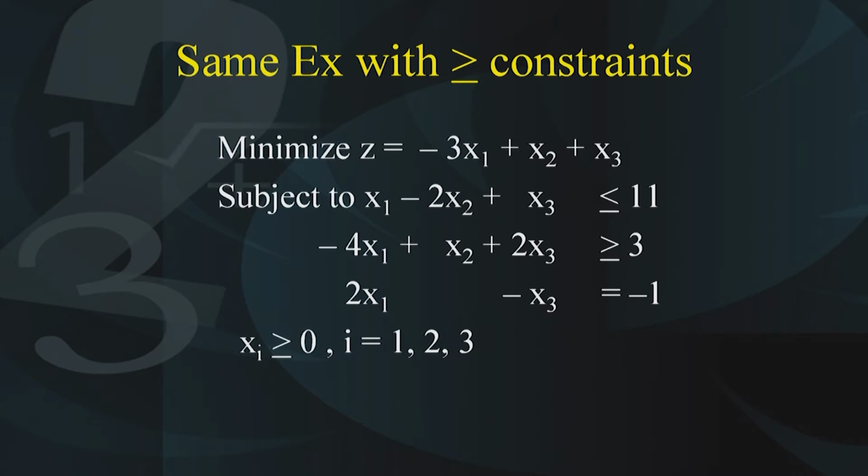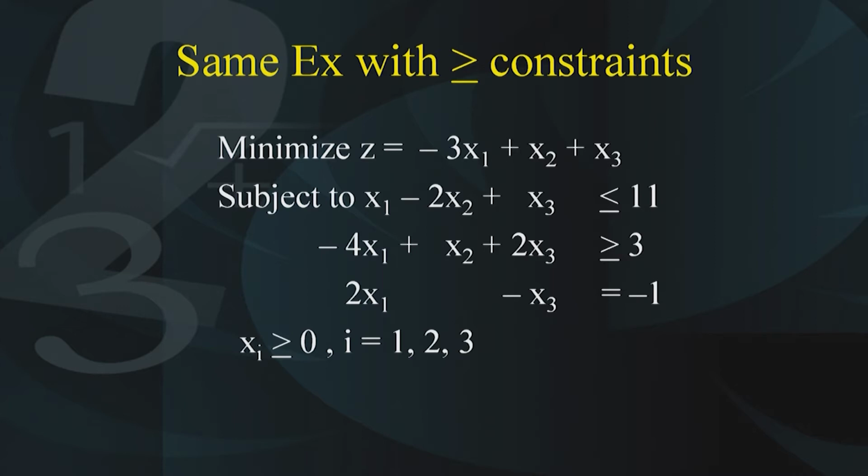So, our problem is to minimize this 3-variable problem. Please write down this problem. Minimize z equals minus 3x1 plus x2 plus x3 subject to x1 minus 2x2 plus x3 less than or equal to 11, and the second constraint is minus 4x1 plus x2 plus 2x3 greater than or equal to 3.